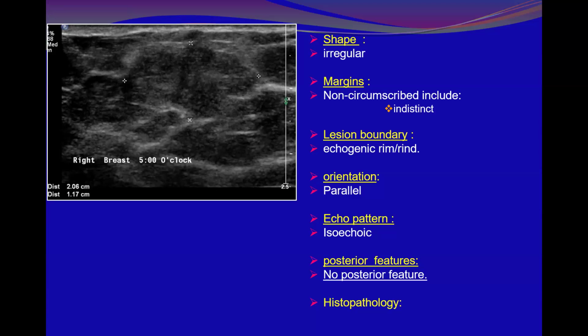Okay. What do you expect the histopathology? Do you expect benign or malignant? If you expect benign, what is your suggestion? If you expect malignant, what is your suggestion?